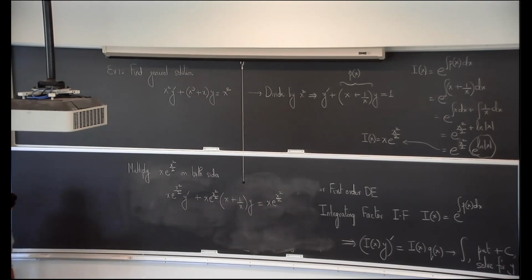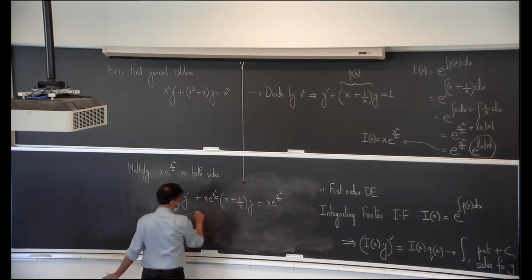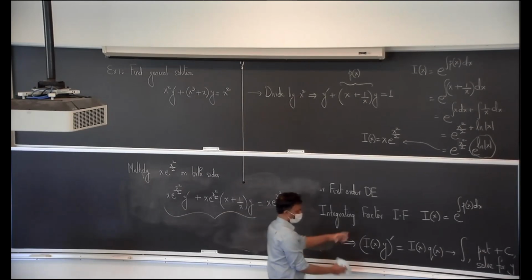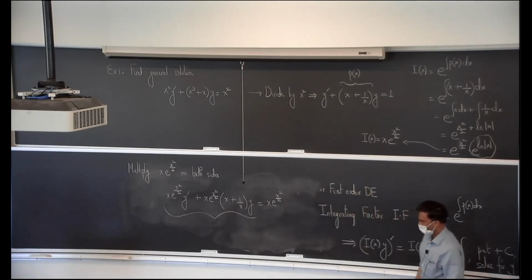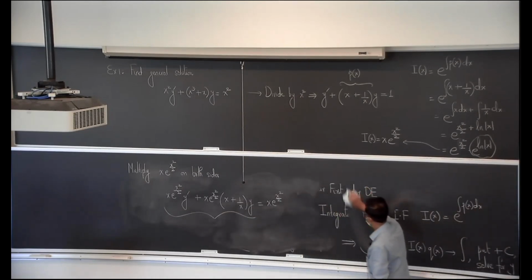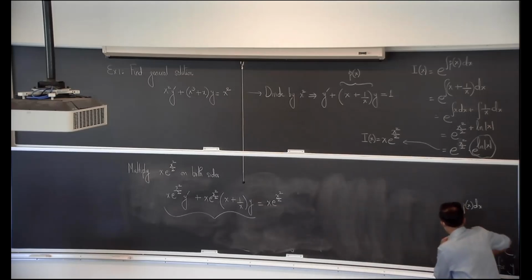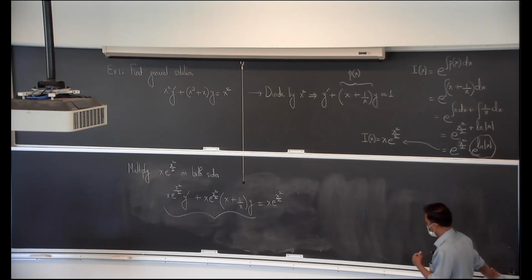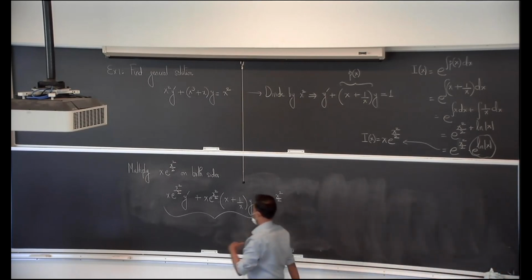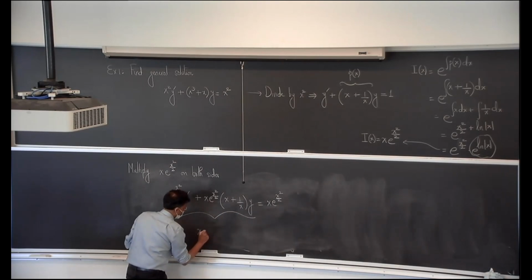And my promise yesterday was that if you have full confidence in your calculation for the integrating factor, what can you do with the left-hand side of this equation now? Yes.